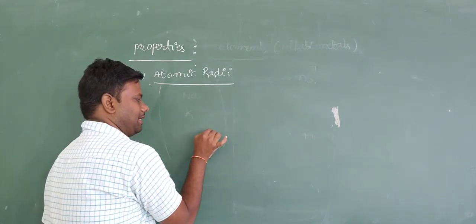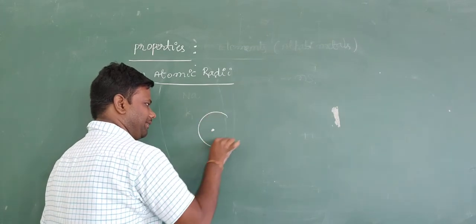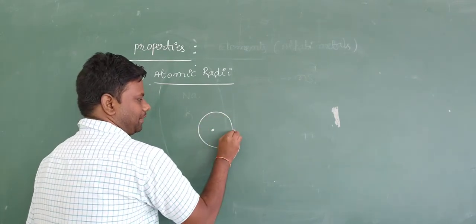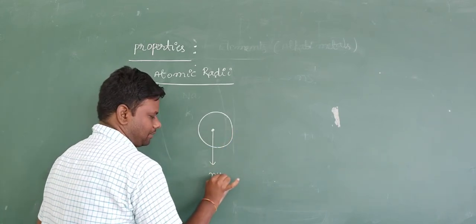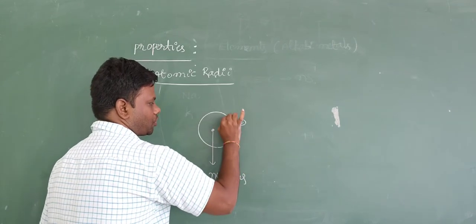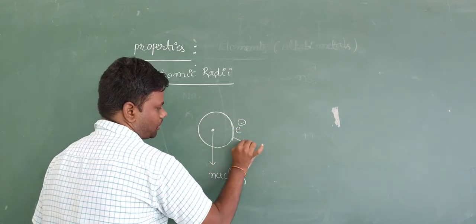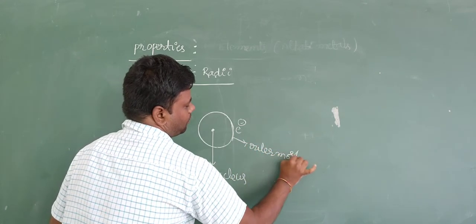This is the nucleus, the center of the atom. Electrons are present in the outermost orbit.